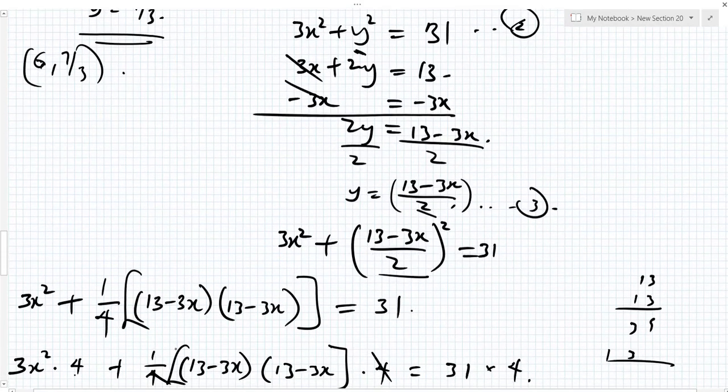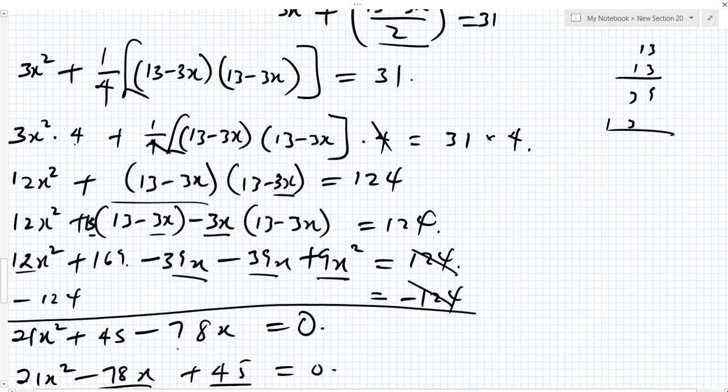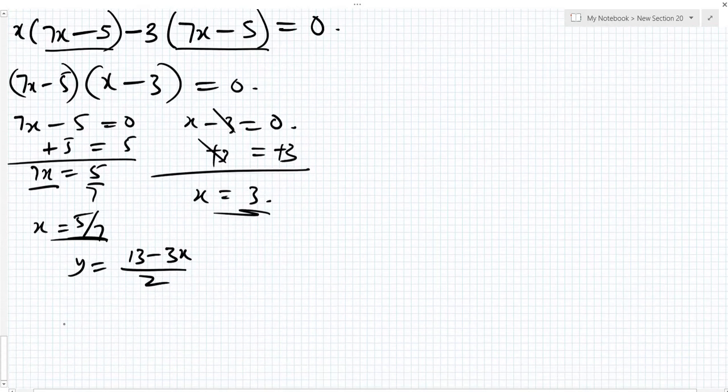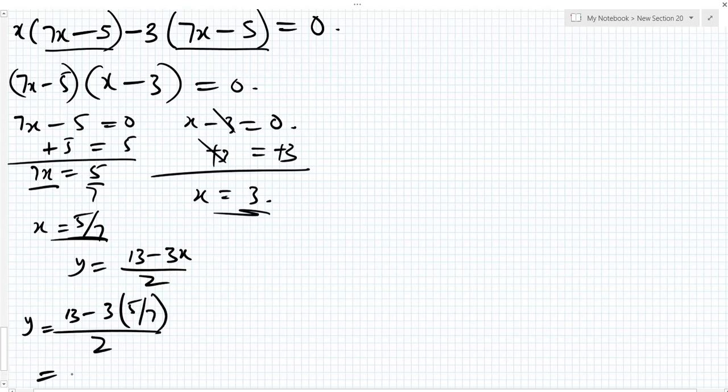Yeah, 13 minus 3x all over 2. Now if you substitute x equal to 5 over 7, anywhere you see x, you replace it with 5/7. So you have 5/7 all over 2.